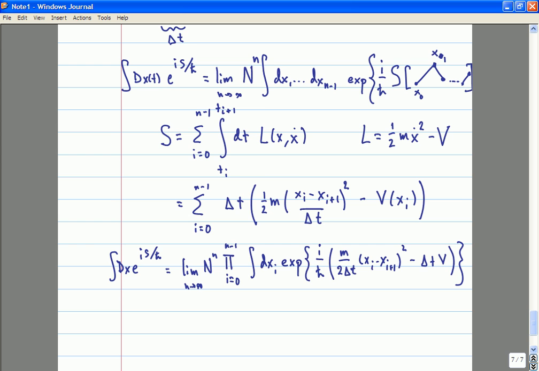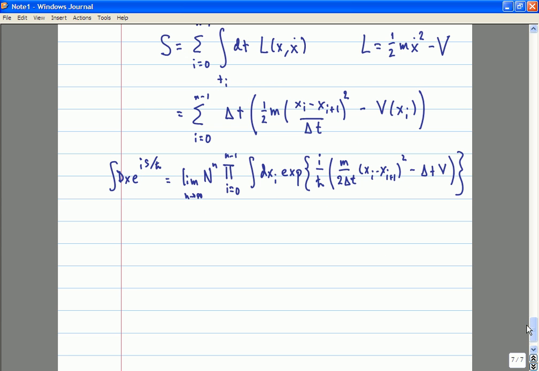And this is supposed to be equal to the propagator from x' at t' to x at t.